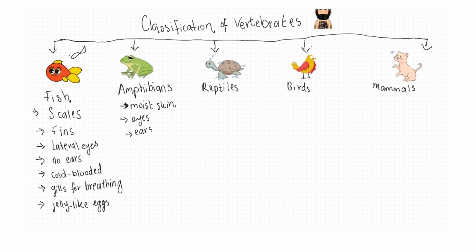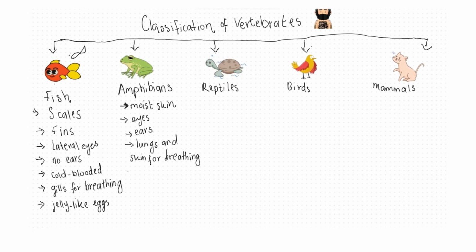And amphibians, they have eyes, they have ears. They have lungs, and another unique feature to amphibians is that they can also breathe through their skin. So they use both their lungs and skin for gaseous exchange.